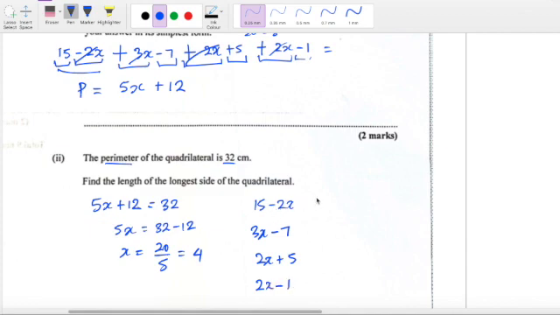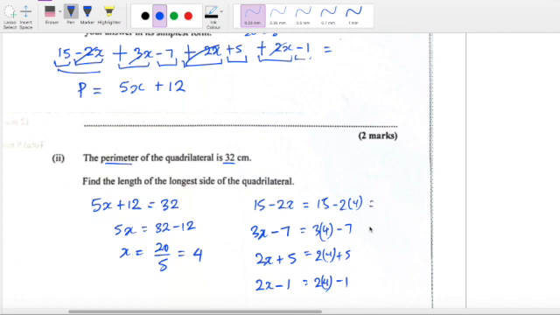For all of them, I will substitute x is equal to 4 and see which is the longest one. So I have 15 minus 2 times 4. Over here, I'll have 3 times 4 minus 7. 2 times 4 plus 5. And then 2 times 4 minus 1.